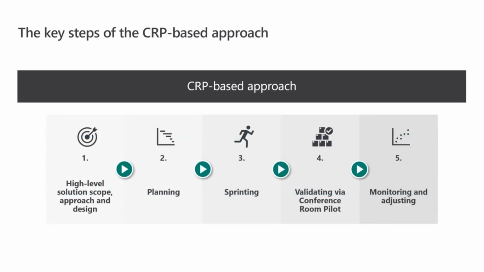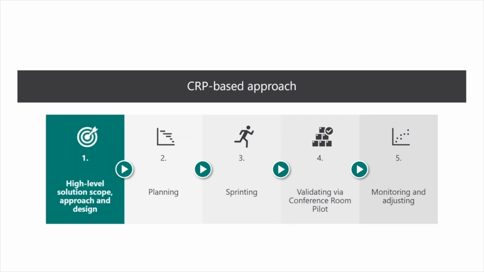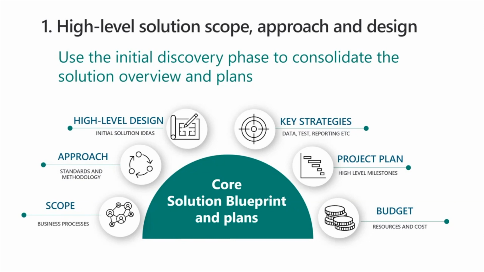So within the approach, we'll talk about the five steps: the high-level solution scope and approach creation, the planning, the sprinting, the validation of the solution by the conference room pilot, and the monitoring and adjusting of the project. So let's start with the high-level solution scope.